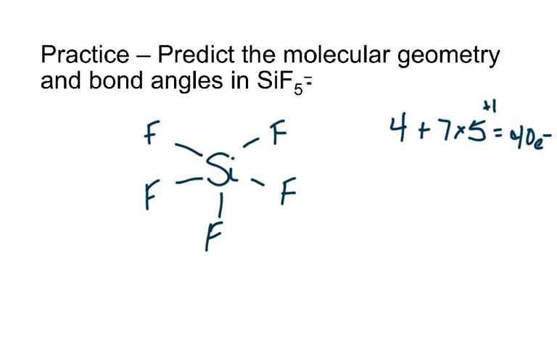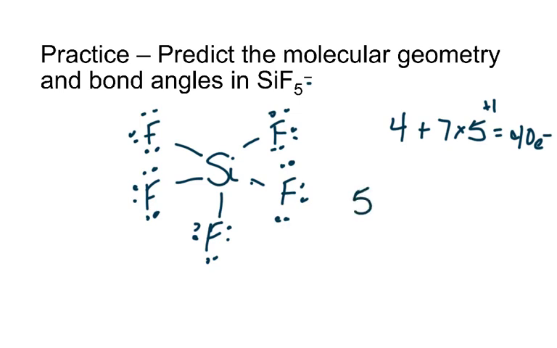The 1 comes from the negative sign there. Fill in my lone pairs. Then count my electrons, make sure I'm right. Yep. That gets me my 40 electrons.